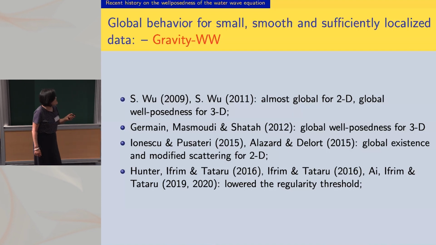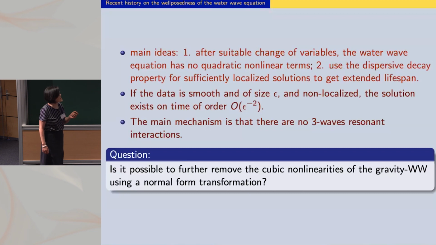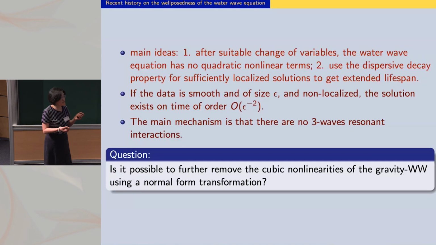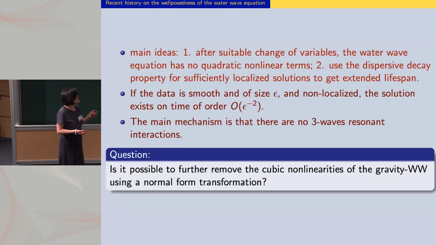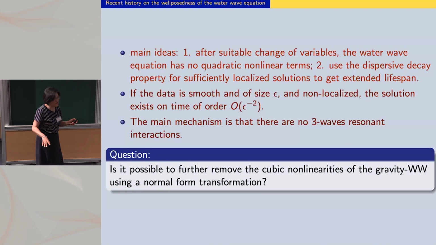Now in all this work on the global existence result, there are two main ideas. What's interesting is that for the water wave equation, after a suitable change of coordinates and variables, the quadratic nonlinear term can be completely transformed away.